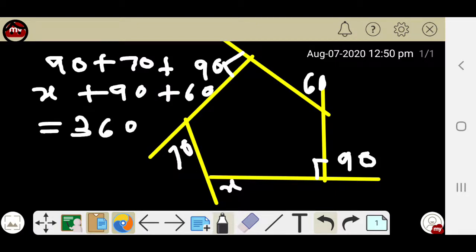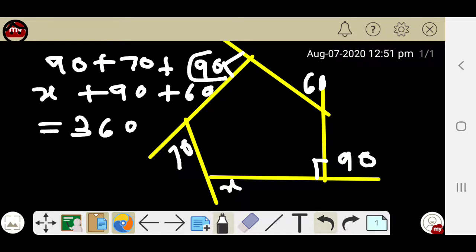Okay, 90 plus 70, 160, 160 plus 90, 250, 250 plus 90, 340, 340 plus 60, 400. Then x. Total, sorry. 90 plus 70, 160. Any mistake? Did we write 90 two times? Oh, this 90 no need to add.